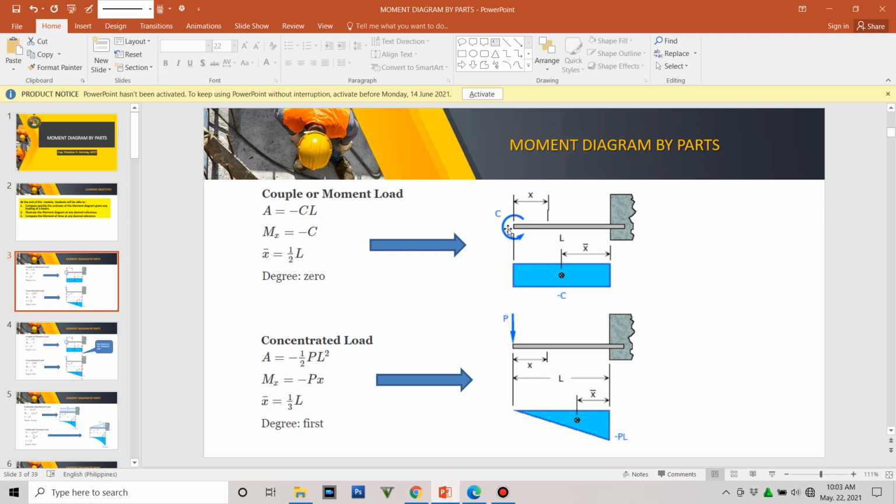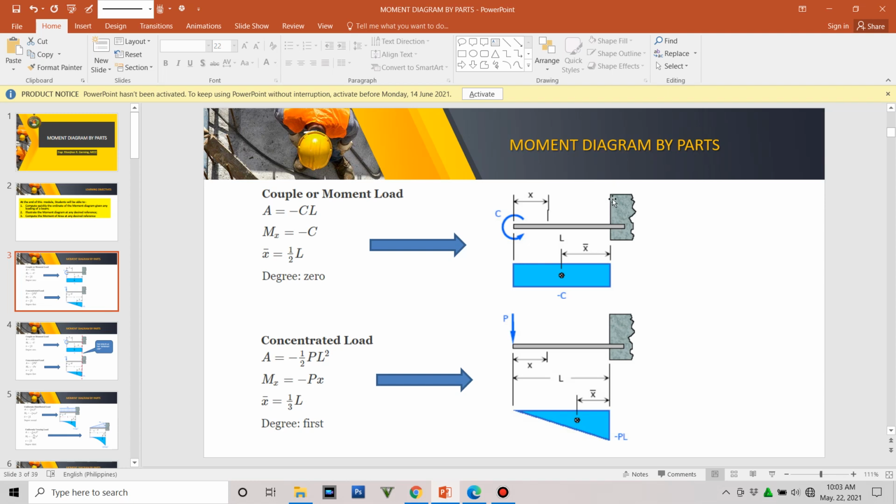For the couple C, we do not need to multiply it by any distance or any variable. Whatever the couple is, that is also the value of the moment diagram. And its shape is a rectangle. The only difference here is whether the couple is negative or positive. So how do we determine that?